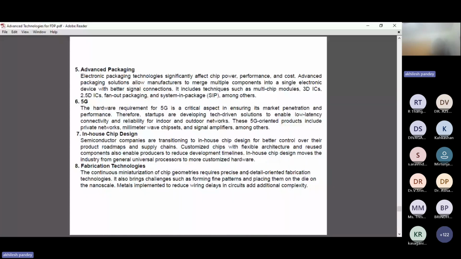Advanced packaging, electronic packaging technologies significantly affect chip power, performance, and cost. Advanced packaging solutions allow manufacturers to merge multiple components into a single electronic device with better signal connections. It includes techniques such as multi-chip modules, 3D ICs, 2.5D ICs, fan-out packaging, and system in packaging, among others. 5G, as you know, 3G, 4G, and 5G.